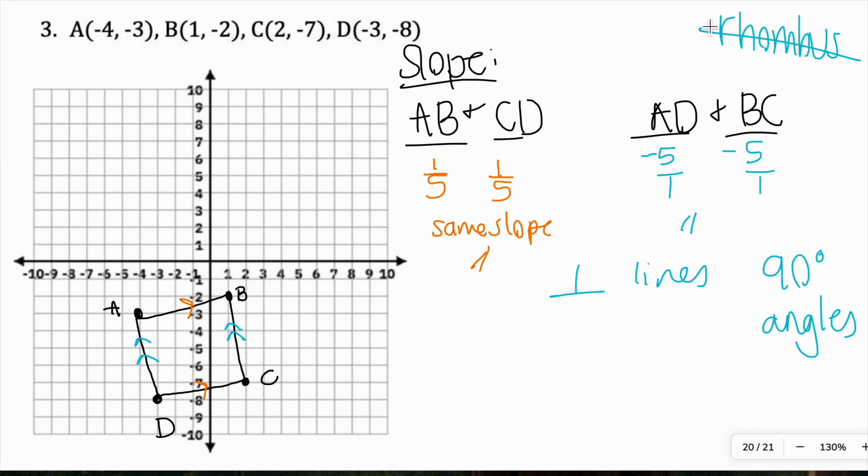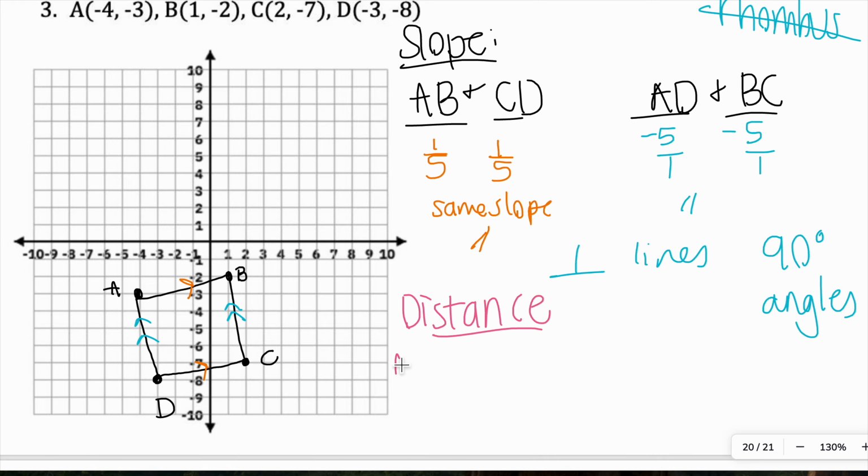Now I just got to double check, is this going to be a square or a rectangle? And one way I find that out is my distances. How do AB and CD look? And how do AD and BC look? Okay, from A to B is up 1 over 5, so that's 1 squared plus 5 squared, or 1 plus 25, so the square root of 26 is that distance, and CD is the same thing.